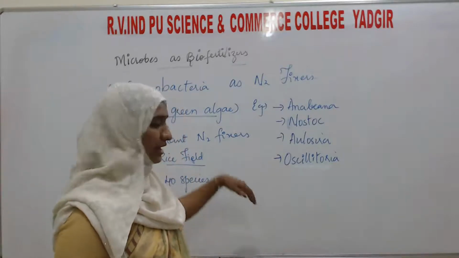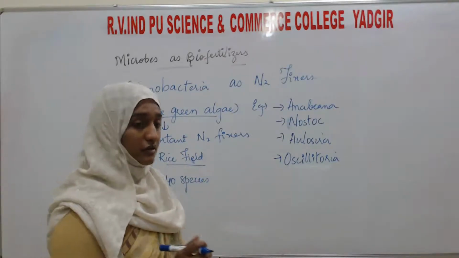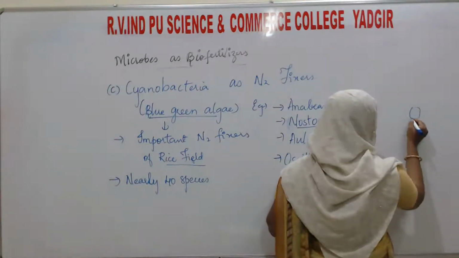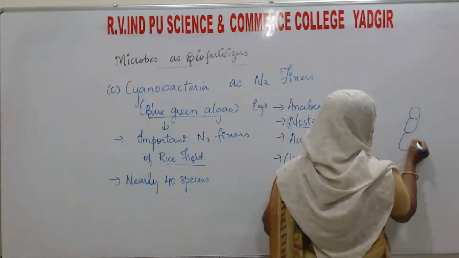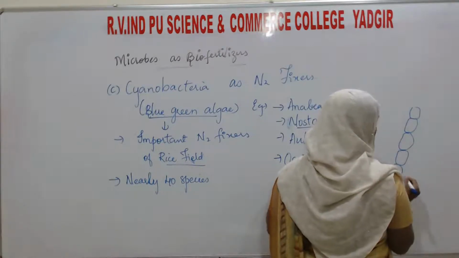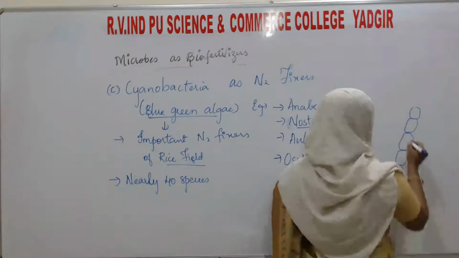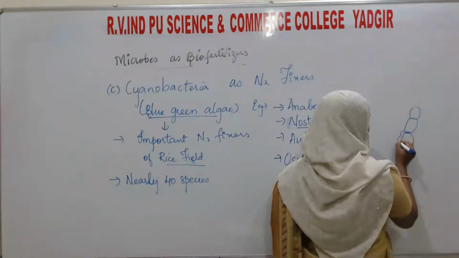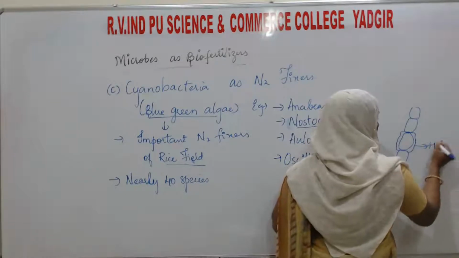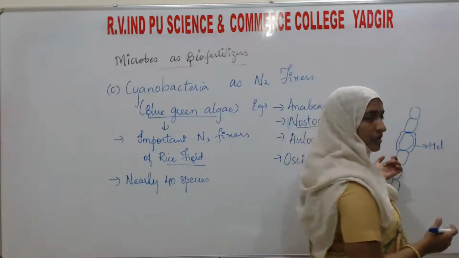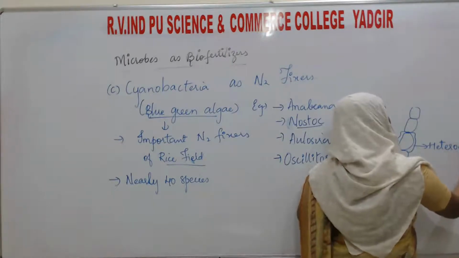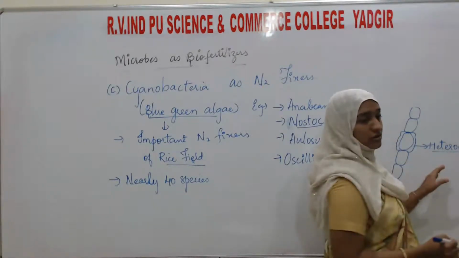How do they fix it? You studied Nostoc in class 11. This is the structure of Nostoc. Here there is one cell, a thick-walled cell, known as the heterocyst.